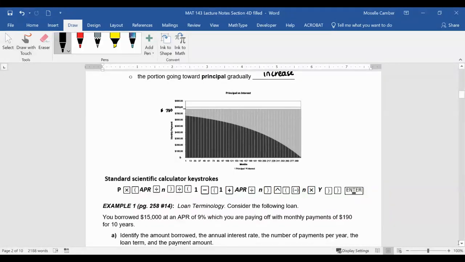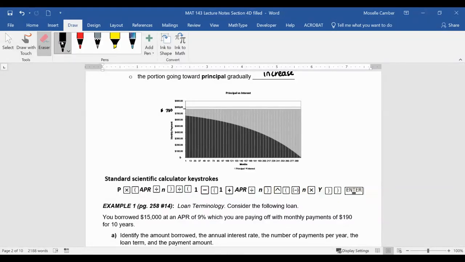So in your calculator, for this one, you can go ahead and do it all at once, because you're not ever going to have to do this backwards, where if you're given the payment, you have to find the principal. So if you want to continue doing the same steps as we did for savings, by putting in what is after the parenthesis first and then doing P times, that's fine.